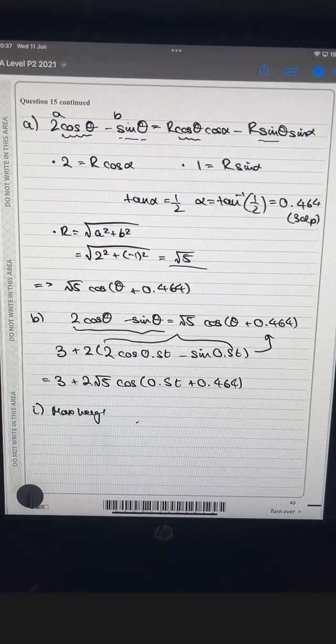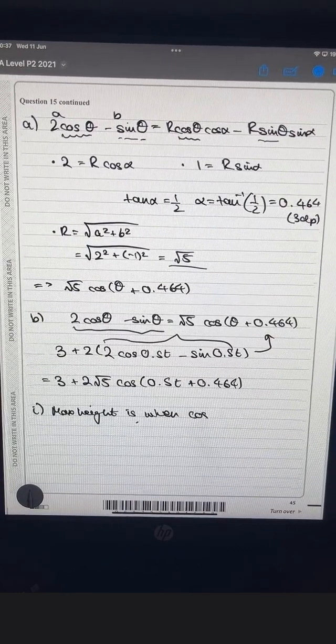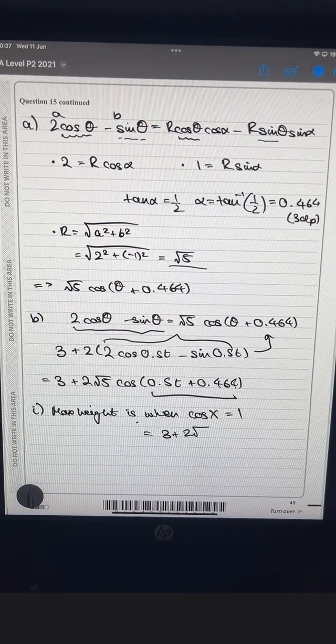Maximum height is when cos of this thing, I'm just going to call this x, cos of x is equal to, what's the maximum value of cos of anything? 1. So the maximum height is when that's equal to 1, so that's going to be equal to 3 plus 2 root 5 meters. So that is the maximum height, all right?